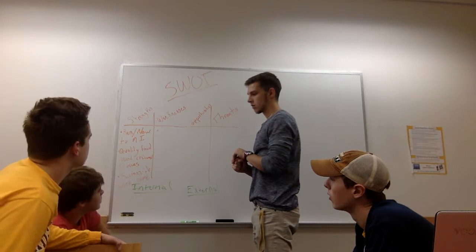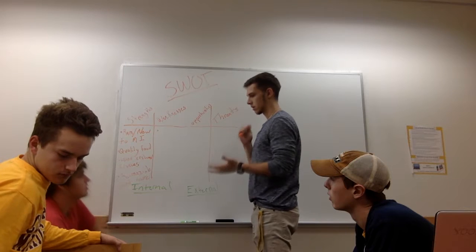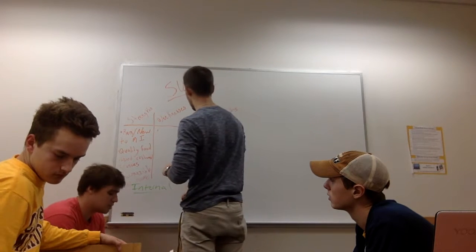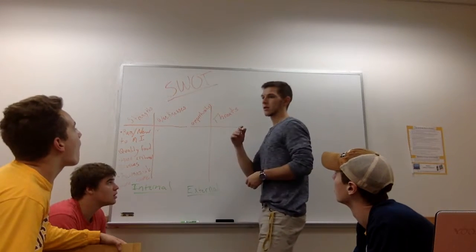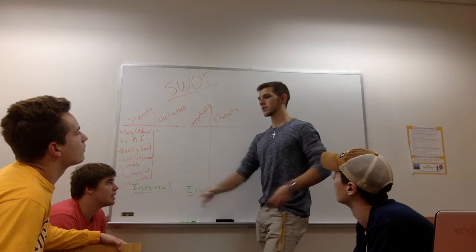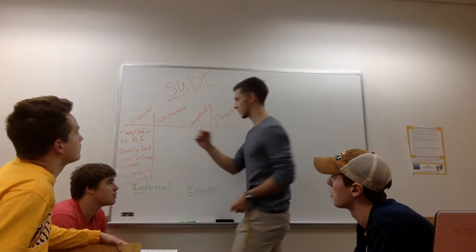Weaknesses. There was that incident with Chick-fil-A and the gay rights movement. Yeah. So we could write that down. What's that called? The news gives bad media coverage. Or what's bad publicity? Bad publicity.